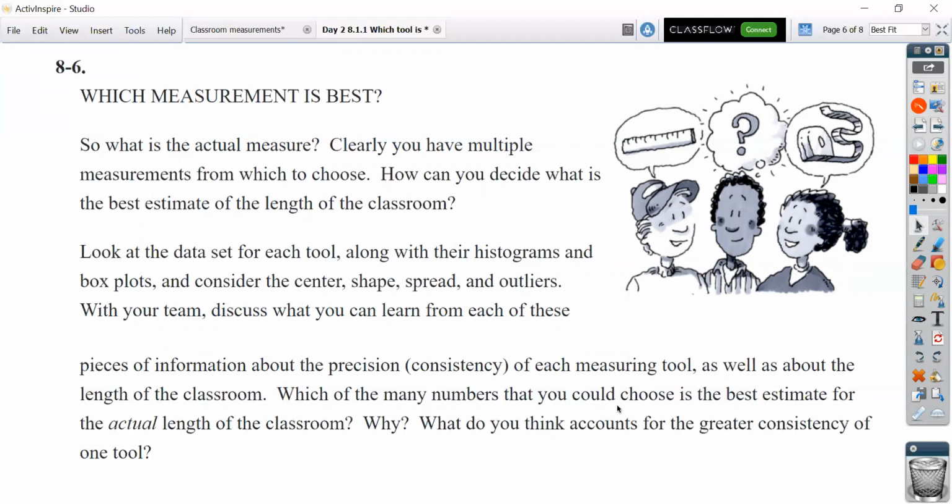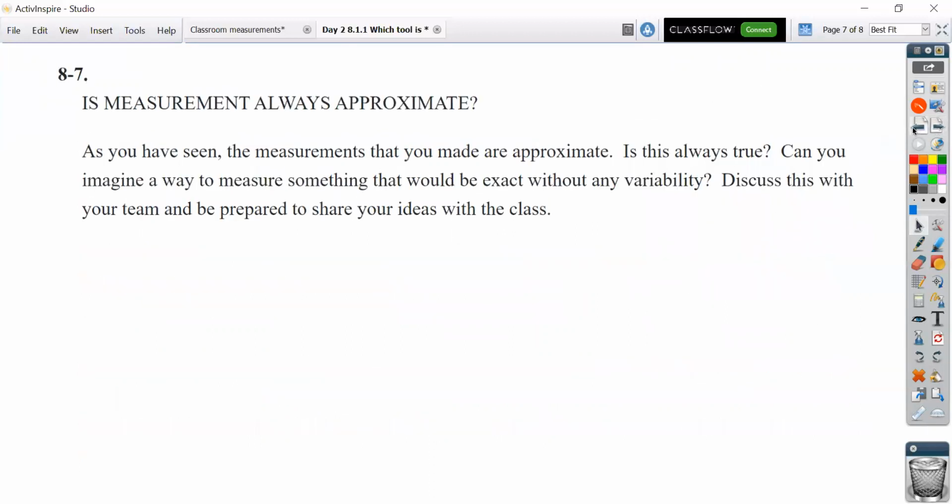Which of the many numbers that you could choose is the best estimate of the actual length in the classroom, and why? What do you think accounts for the greater consistency of one tool? All right, so that's a lot of question right there.